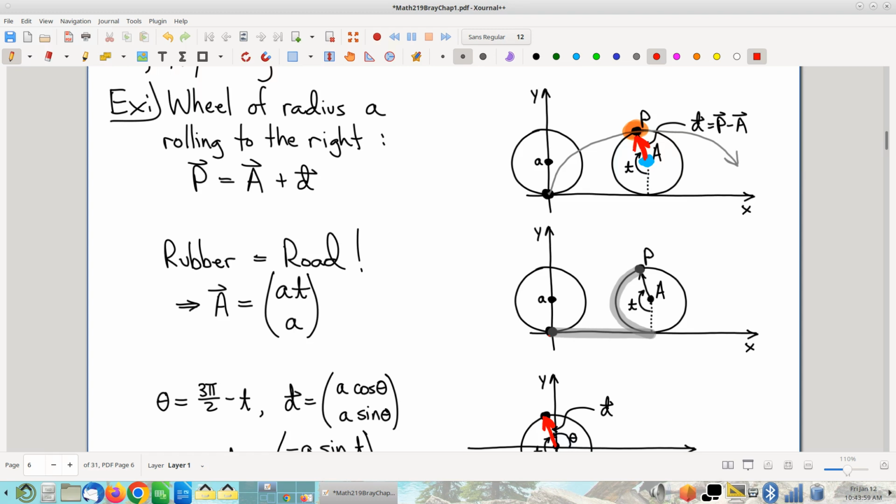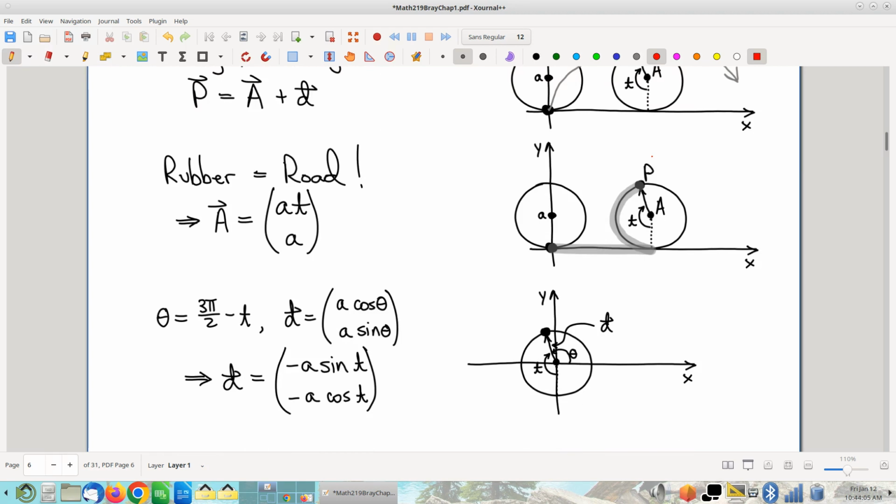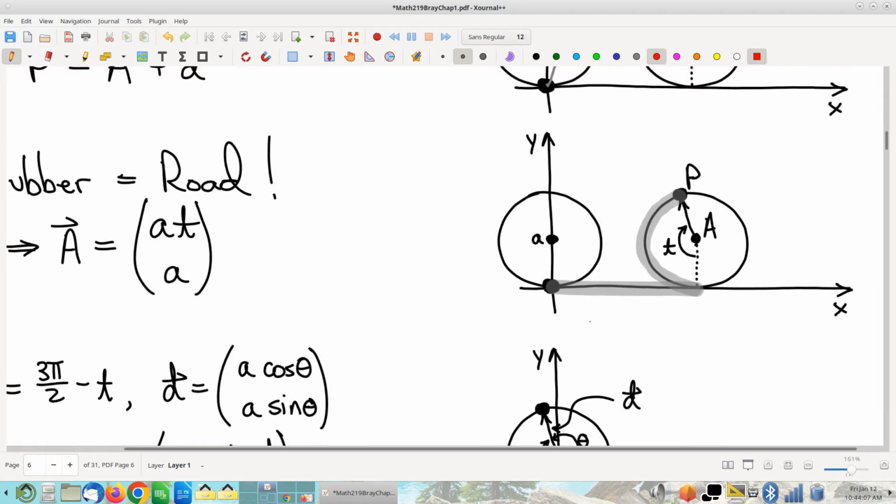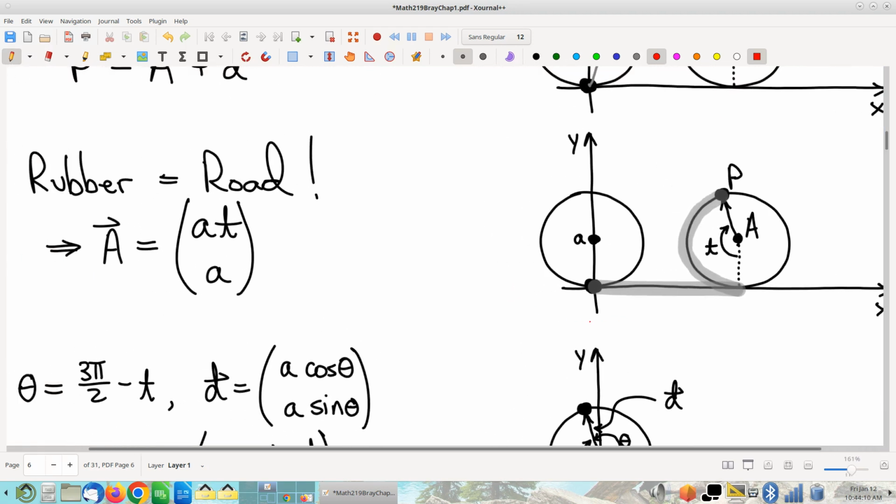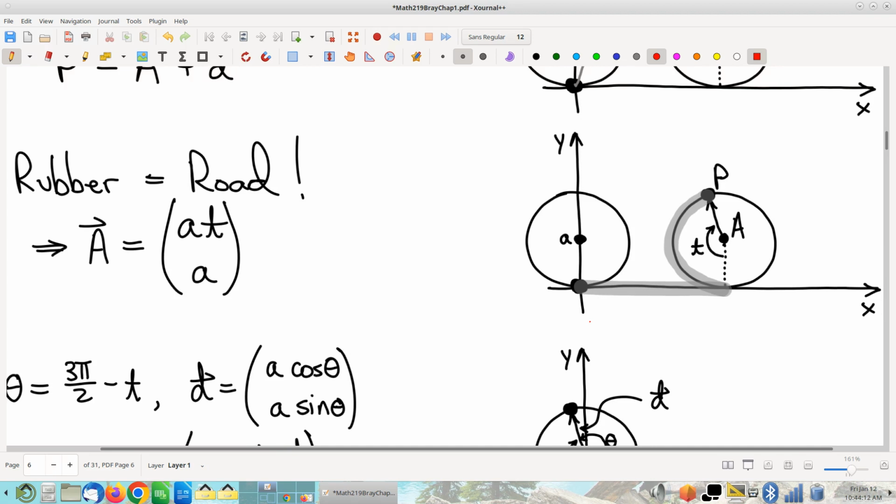How do we actually get this done? Take them one at a time. Let's start with the axle. My axle, again, is right here. Let's start with the y-coordinate of the axle, just because it's a freebie.